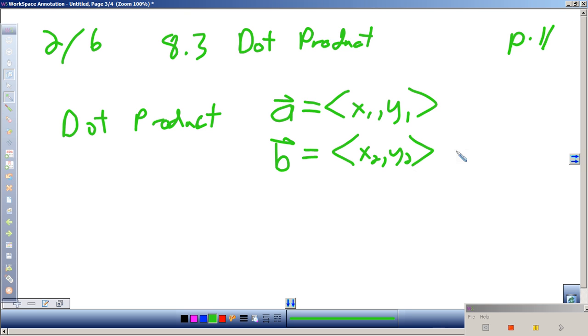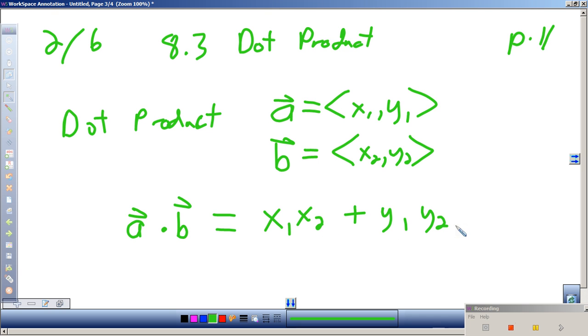So two vectors, the dot product, or A dot B. And notice I might say A dotted with B, or the dot product of A and B, anything like that. So the dot product of A and B is x1 x2 plus y1 y2.